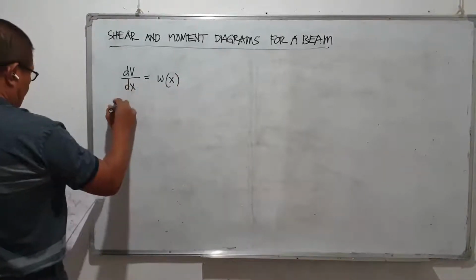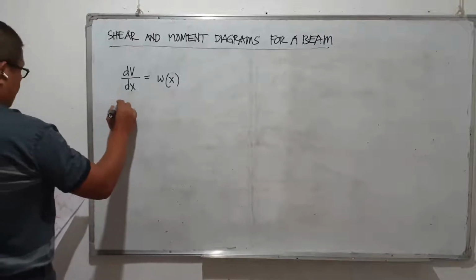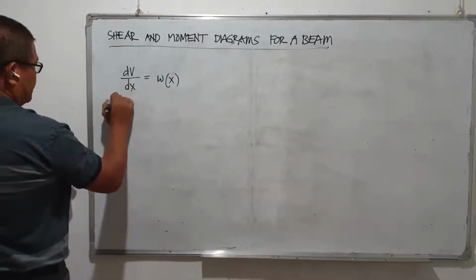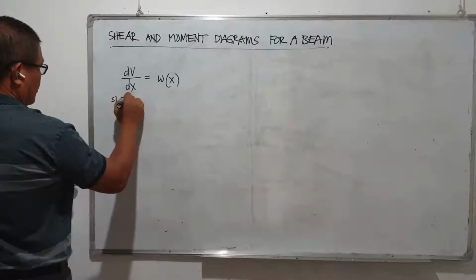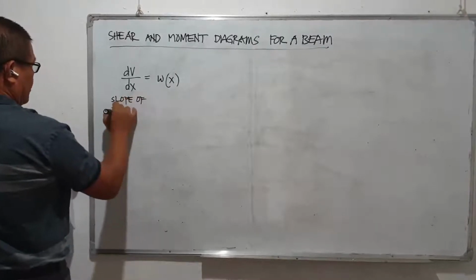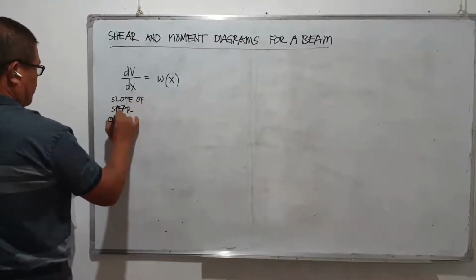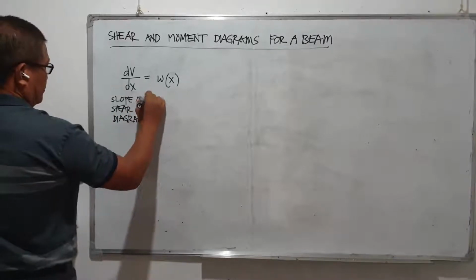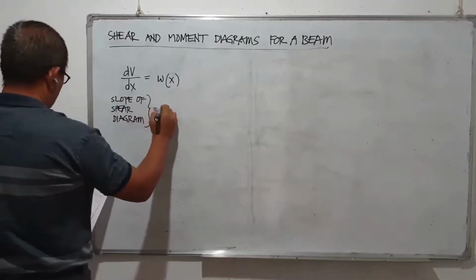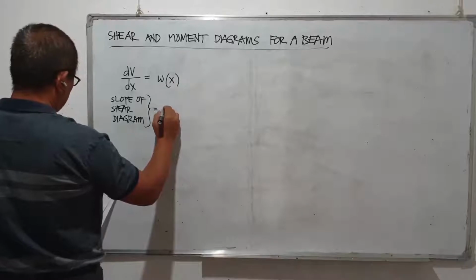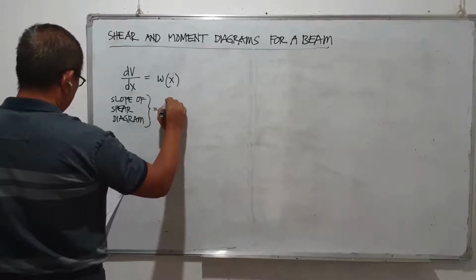This is the slope of the shear diagram, and this is equal to the intensity of the distributed load.